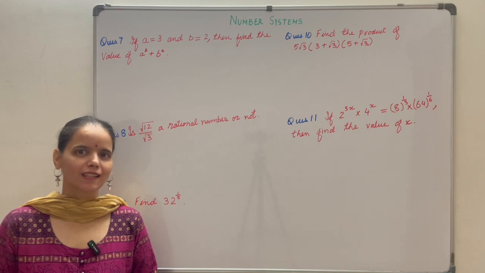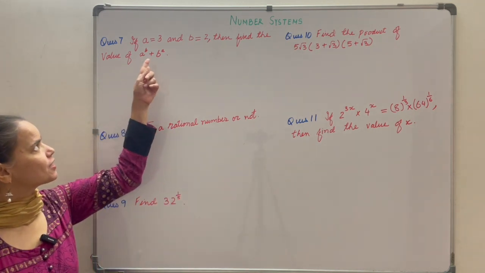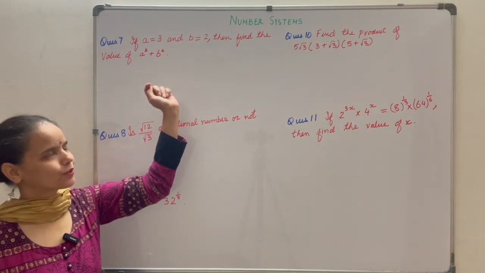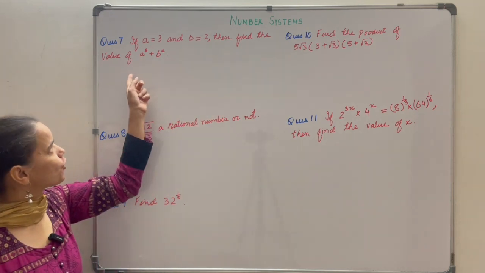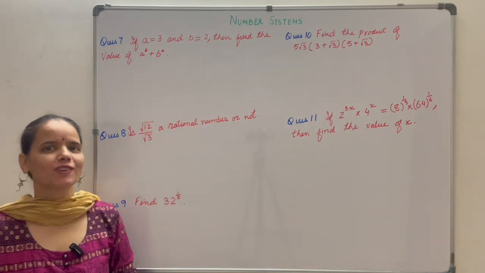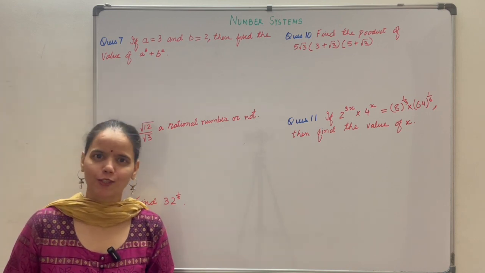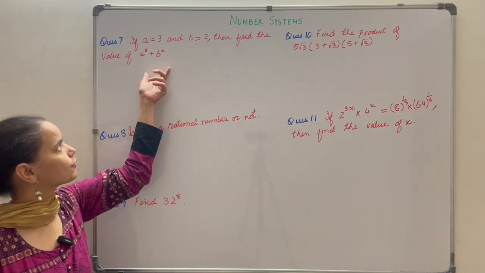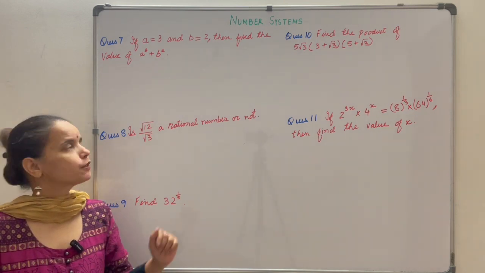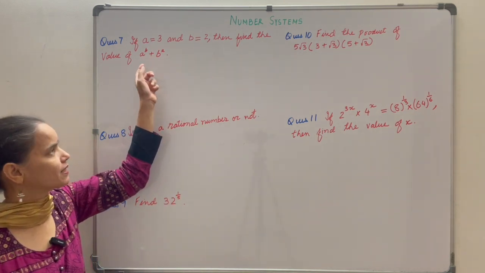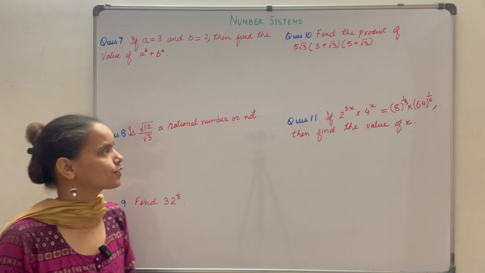So now let us take the 7th question. If a is equal to 3 and b is equal to 2, then find the value of a raised power b plus b raised power a. So here in this question, the values for a and b are given to you. You need to calculate the value of this expression. So for that, we will substitute the values of a and b here and find it out. Let us do it.